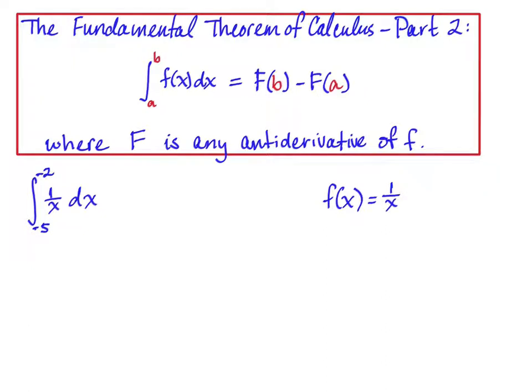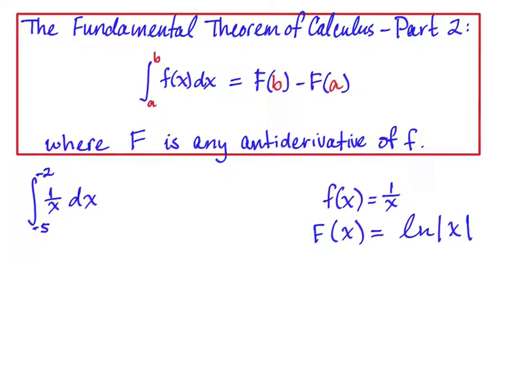We know all the antiderivatives of 1 over x are the natural log of the absolute value of x plus any constant. But the fundamental theorem says we just need a specific one. We don't need all of them. So let's take the most basic one. Let's use the antiderivative, capital F of x equals the natural log of the absolute value of x. We don't need the plus c at the end.